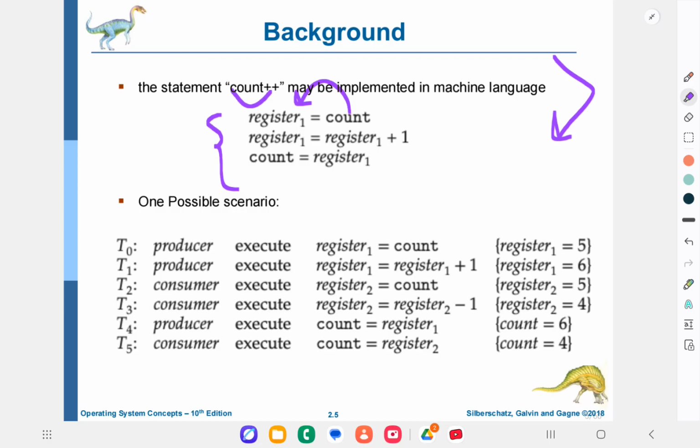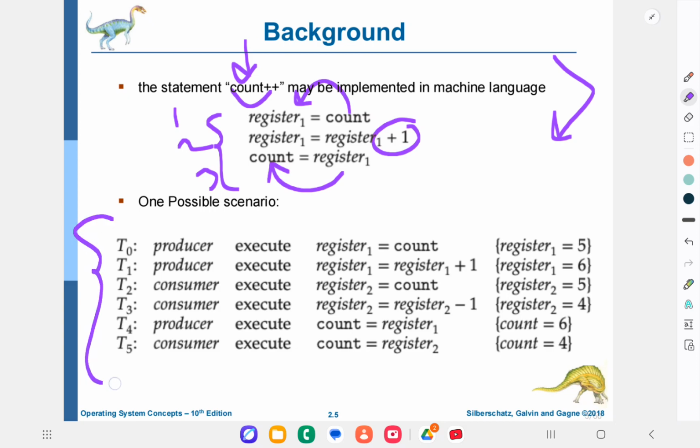Then we add to this value, and here we're simply incrementing by 1, so register 1 will be updated to register 1's old value plus 1. And finally, we load this new value of register 1 into the variable count. So we have three steps to simply execute this count plus plus, okay?